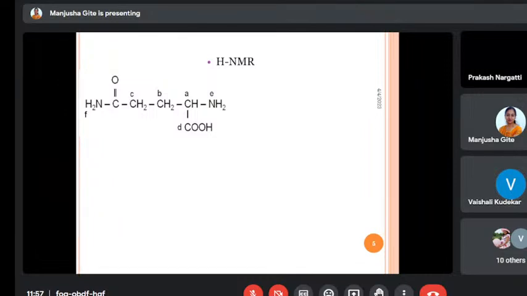Add these values in this formula. What is the U of benzene? 4. Very good. Four means in the benzene ring there are 3 double bonds and 1 ring. 3 plus 1, 4. Got it?